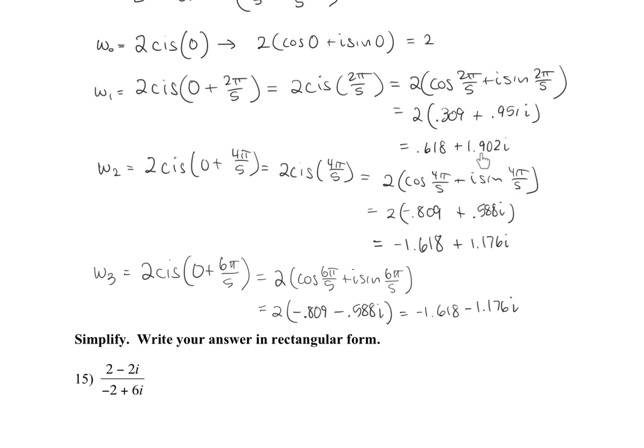The one that's missing is the conjugate pair for this complex root. So the final root there is going to be 0.618 minus 1.902i. So we have all 5 of the roots.